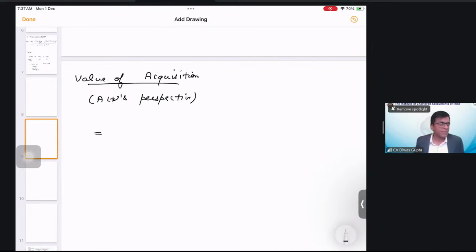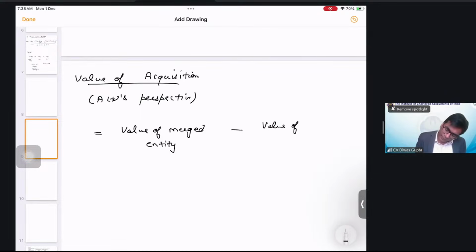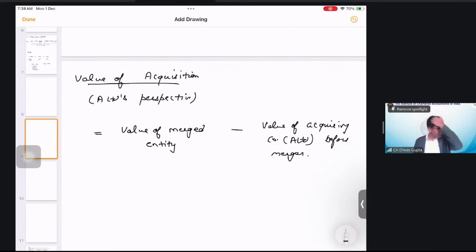That means from the acquiring company's perspective. So value of the merged entity minus value of acquiring company before merger, which is actually A Limited before merger. So that means, let's say before merger, the value was 100 crore and after merger, the combined value became 120 crore. So the value of acquisition is actually 20 crore. Okay.